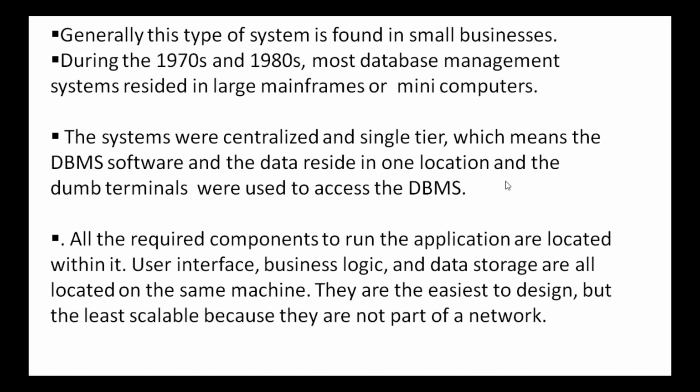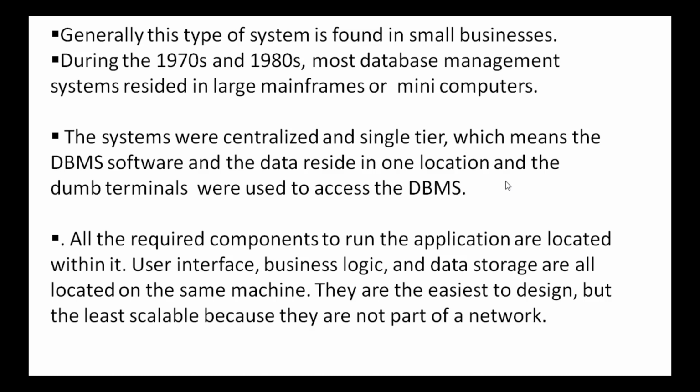So this architecture is very easy to design, but it is the least scalable. In single tier architecture, that client tier system can be accessed by only one user at a time. There was no provision for multiple users.